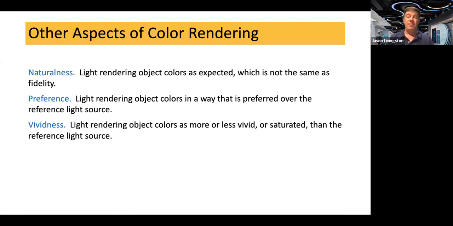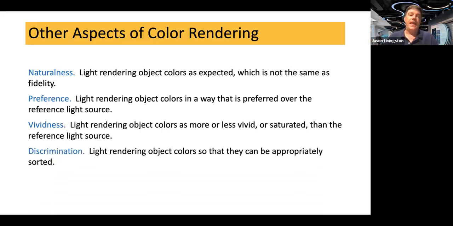Is this light source capable of making a broad range of colors seem more vivid or more saturated? And what about discrimination? Is the spectrum of this light source such that I can appropriately sort very, very, very similar colors? Turns out that for these and other color rendering aspects, high fidelity is not the answer. But with CRI, high fidelity has been the only answer that can be given.